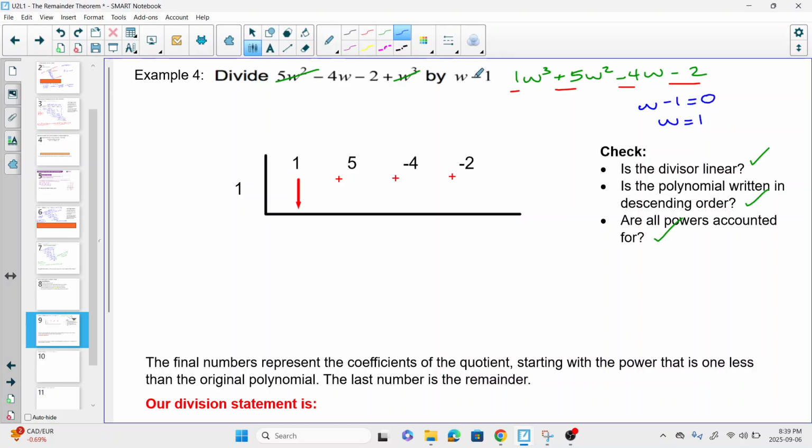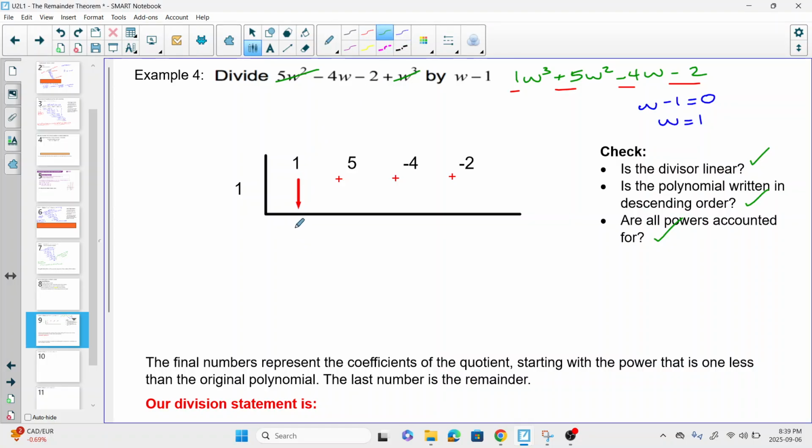Okay, so if the factor is w minus 1, we're going to put a positive 1 here. And we'll look at some examples where we might be putting even a fraction there. But we need to isolate w and use that number as the number that's on the outside of our synthetic division.